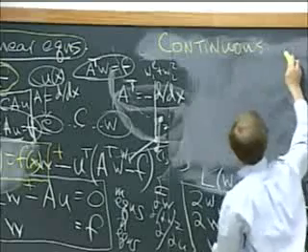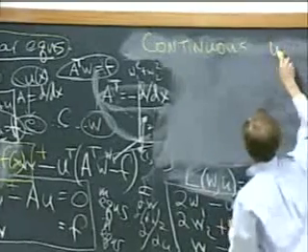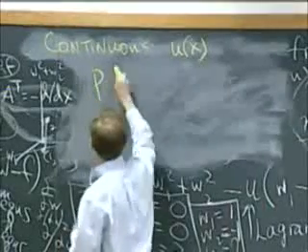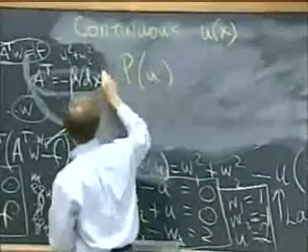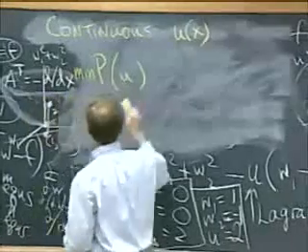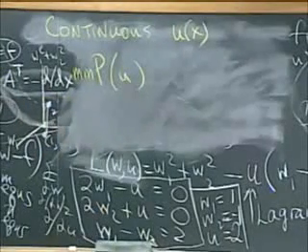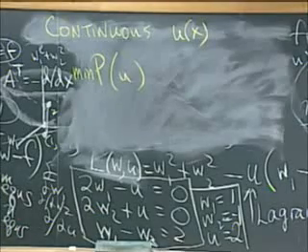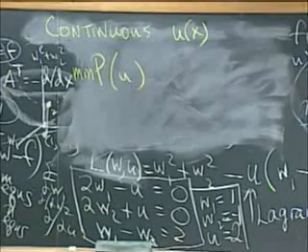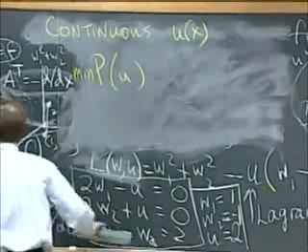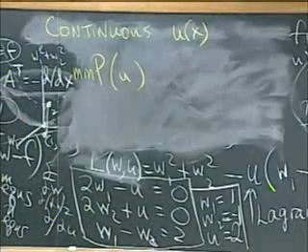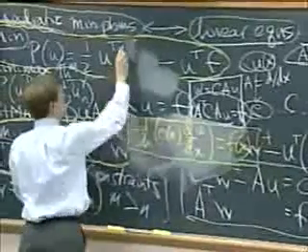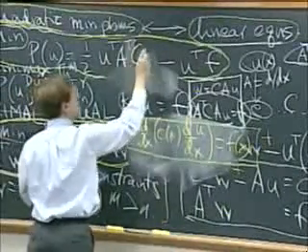The unknown is a function, U of x. And what's the P? What's the thing that we're minimizing? We're minimizing some P of U. Can you convert that, with K as A transpose CA? So let me make K into A transpose CA. So I want to convert that to the continuous case.